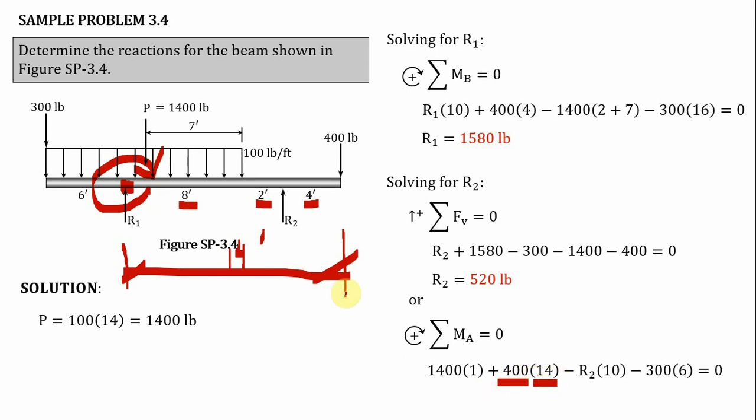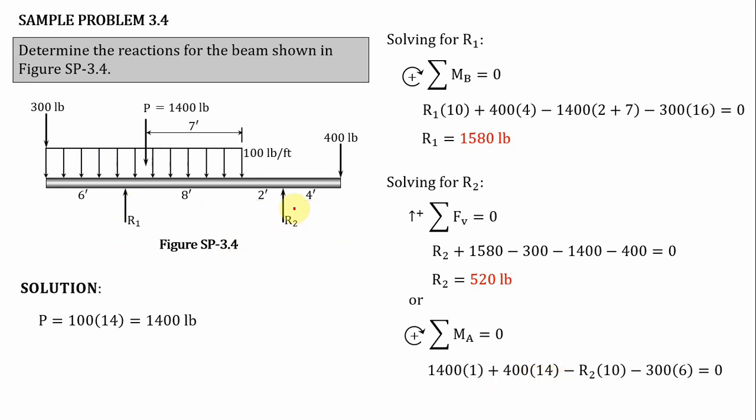And next, class, our R2. The force R2 can produce a counterclockwise moment, and we assume that counterclockwise is negative. So that's why minus, and R2 is unknown. What is the moment arm of R2?